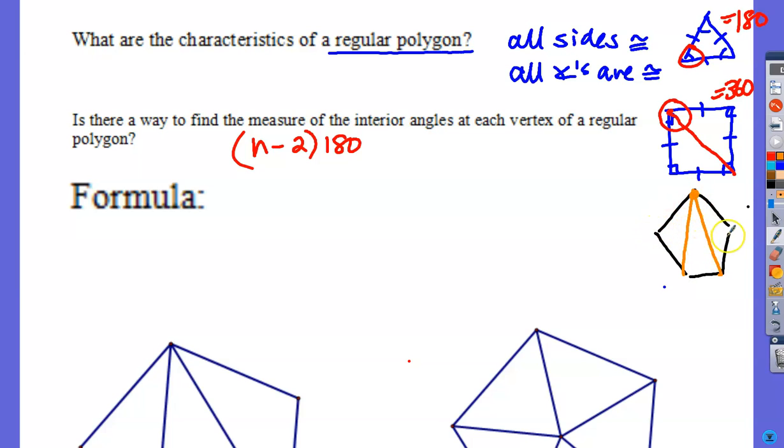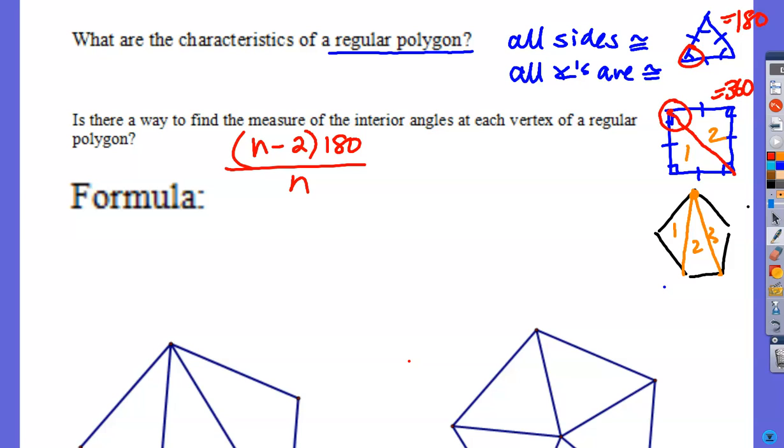I have 1, 2, 3 triangles. So the number of triangles increases by 1. So that's why we can do this number of sides minus 2, because this is like 5 sides minus 2, 1, 2, 3 triangles. 4 sides minus 2, 1, 2 triangles. Okay, so that would give us how much all of those add up to together, and then you just have to divide by how many angles. And the nice thing is, if it's a 4-sided figure, it has 4 angles. If it's a 5-sided figure, it has 5 angles. So you just divide by the number of sides.